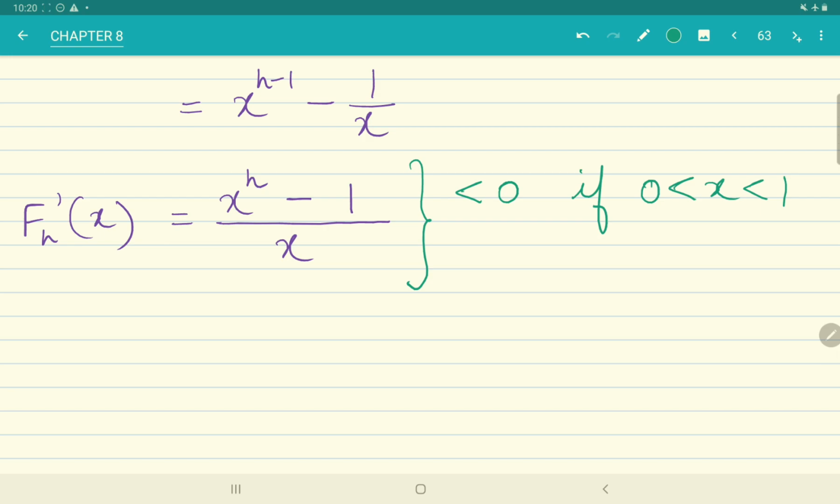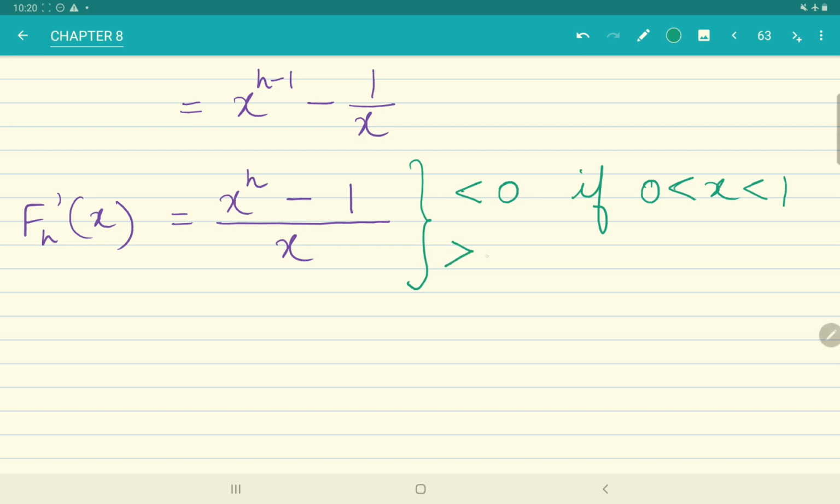If x is between 0 and 1, obviously the denominator is going to be positive, but if it is between 0 and 1, we raise it to any power which is greater than 0, it will be between 0 and 1. And if I subtract 1 from something which is between 0 and 1, that will turn out to be negative. So numerator will be negative and the denominator will be greater than 0. That means this whole fraction is going to be less than 0.